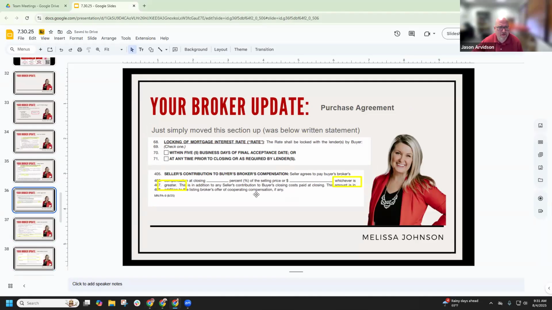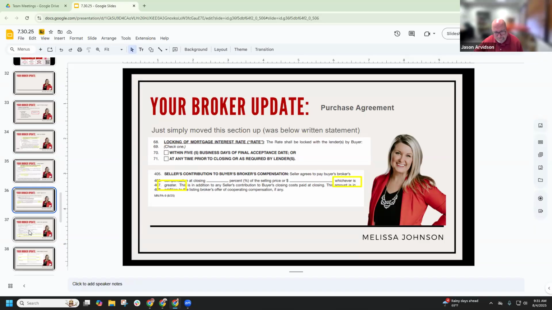And this other part of that, seller agrees to pay buyer's broker compensation, whichever is greater, right? So this is the same thing as always. We're just on the other side of the coin.